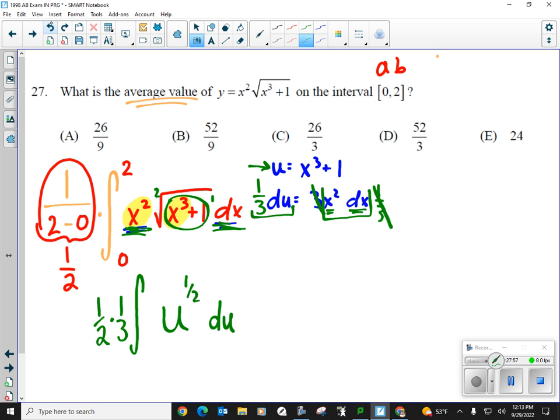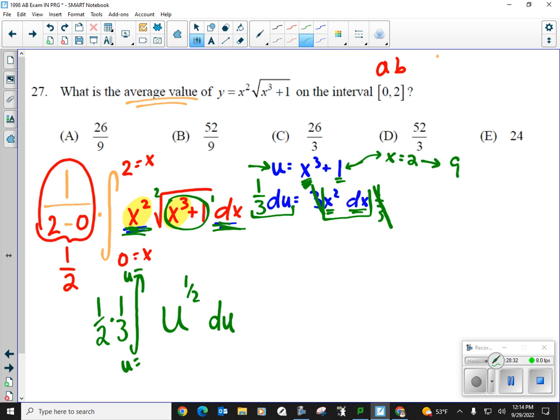My bounds. Resist the urge to put 0 and 2 here. If I changed everything into u form, these are currently at x equals 2 and x equals 0. Notice there's all u's now, so I want a u value for my upper bound and a u value for my lower bound. For my upper bound, x equals 2, so I'm just going to plug a 2 in for this x. 2 cubed is 8, plus 1 is 9.